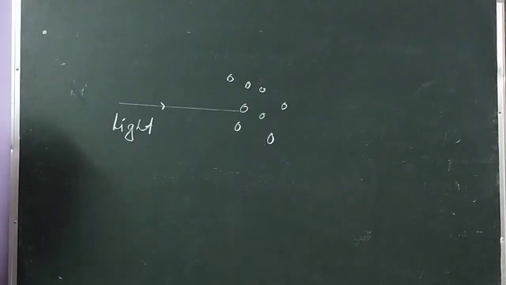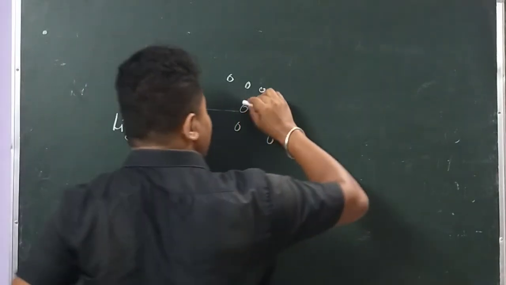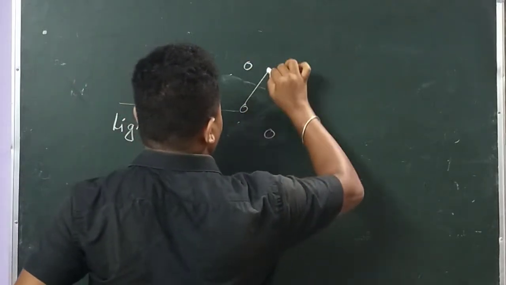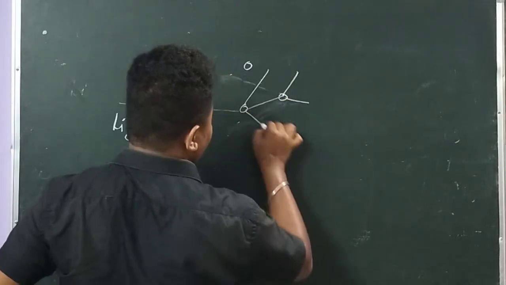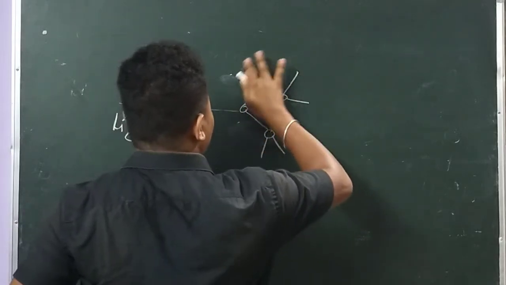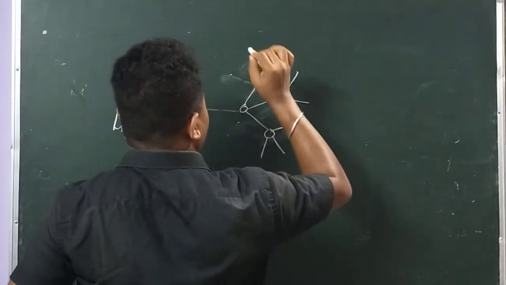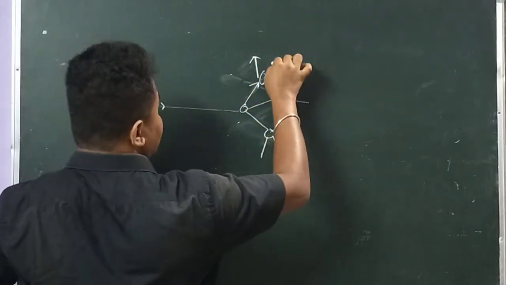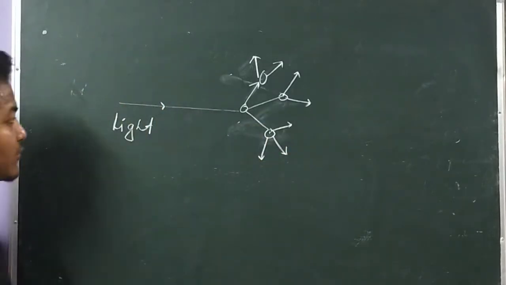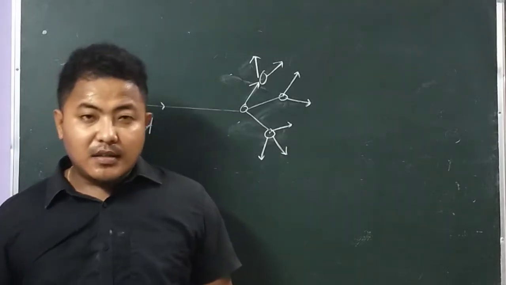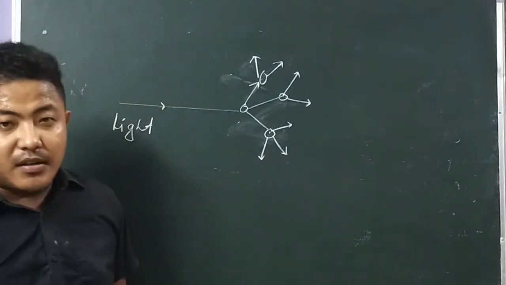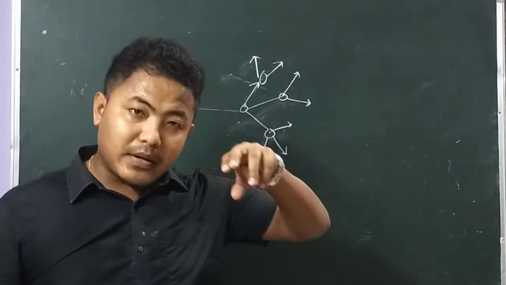Then what will happen as it passes through? These atoms will scatter the ray of light in different directions like that. Understand? They will get scattered in different directions, and these atoms and molecules will behave like scatterers. Scatterers are the particles that scatter the ray of light.